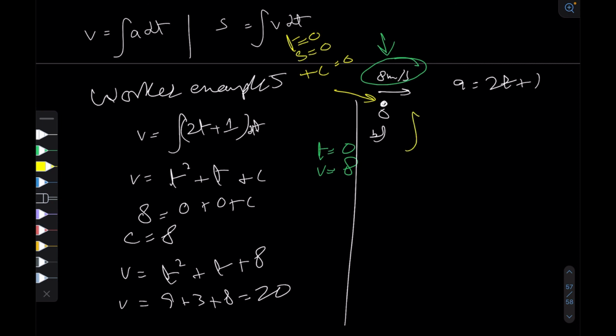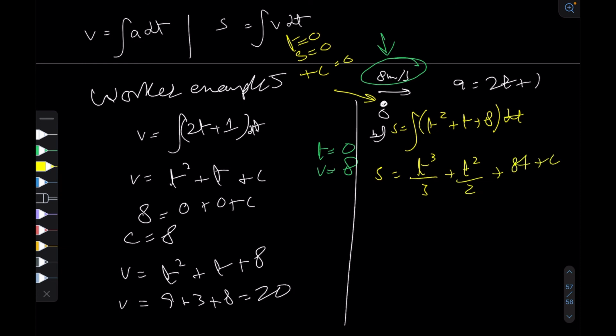So let's integrate the velocity function, which is t squared plus t plus 8, with respect to time. And this would give us the displacement. This is equal to t cube over 3 plus t squared over 2 plus 8t plus some c. Now when we input t as 0, the displacement should also be 0. So 0 is 0 plus 0 plus 0 plus c. In other words, c is simply 0.